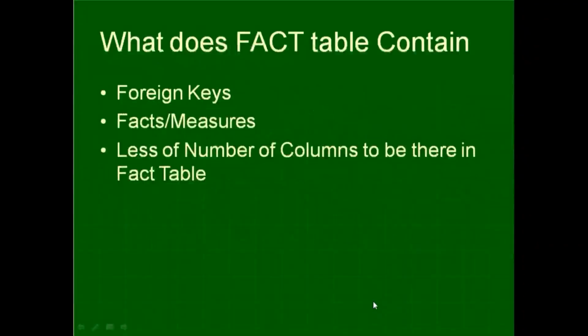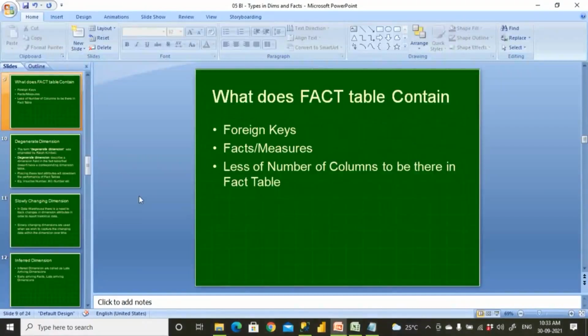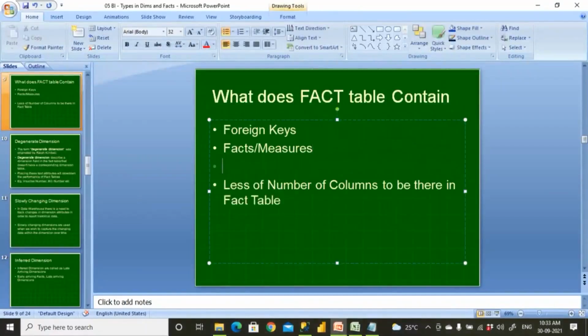Okay. The next one is, what does the fact table contain? Foreign keys, measures, and one more thing it is going to contain. That is what is called degenerate dimensions. Degenerate dimensions it is also going to contain.